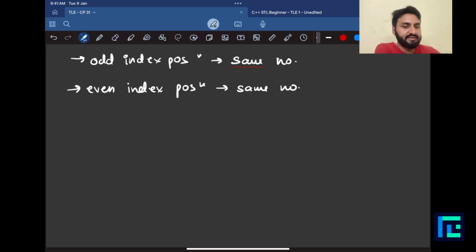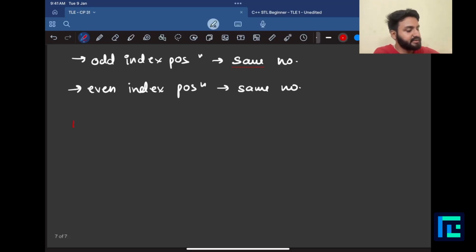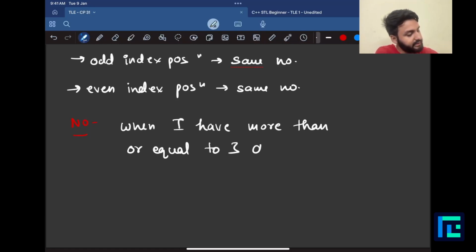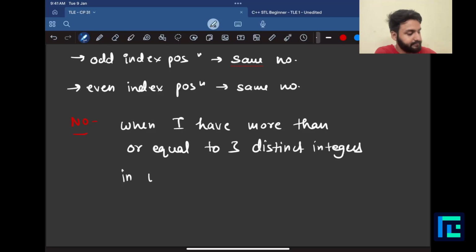Understanding this is very important: very clearly my answer is no in a scenario when I have more than or equal to 3 distinct integers in my array. This is a very clear case of no. Why?